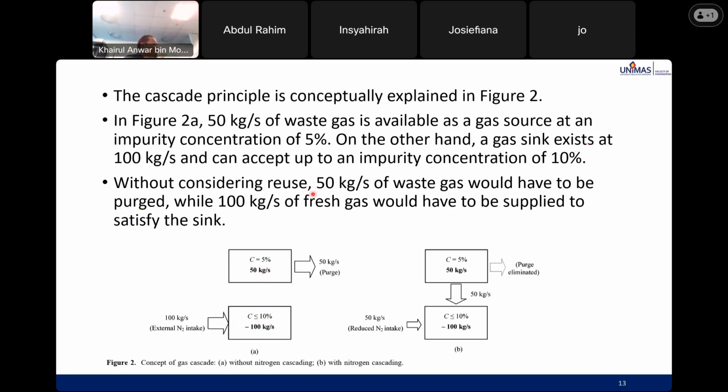Without considering reuse, 50 kilograms per second of waste gas would have to be purged. In this case, we just eliminate it, while 100 kilograms per second of fresh gas would have to be supplied to satisfy the sink.